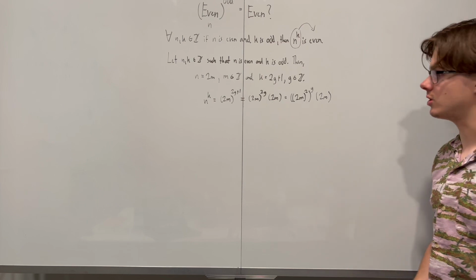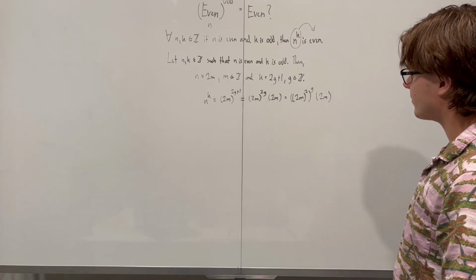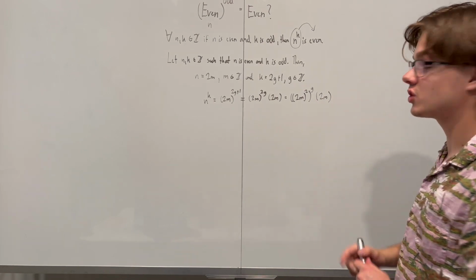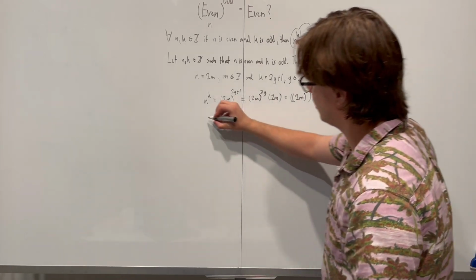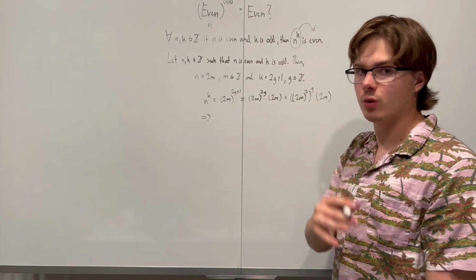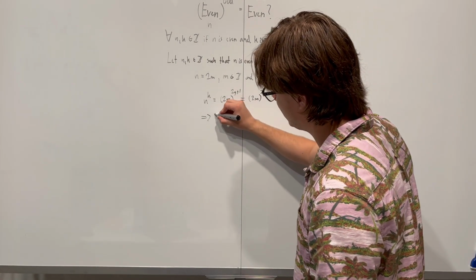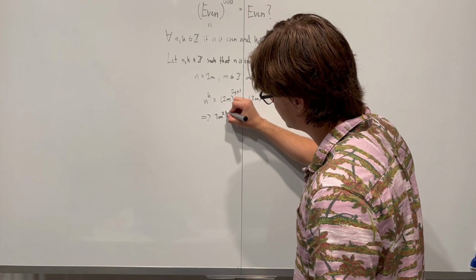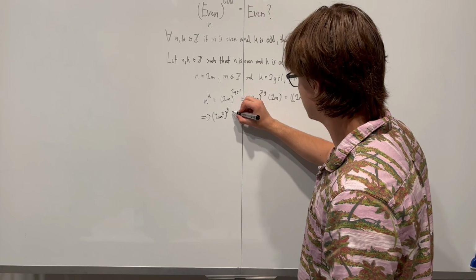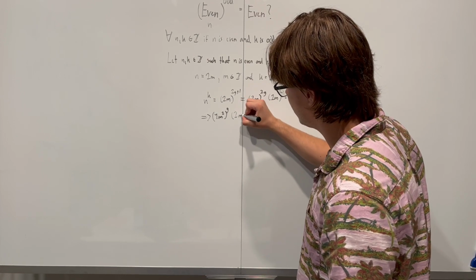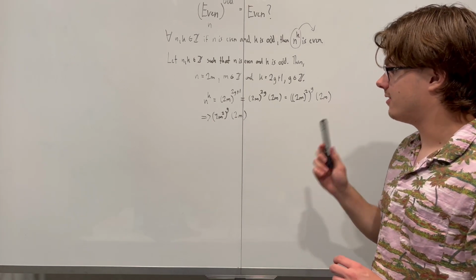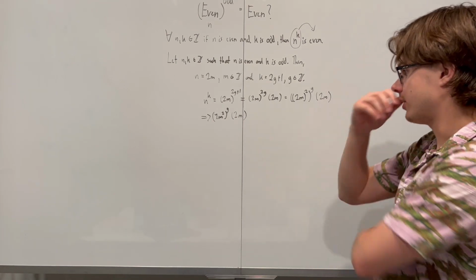It could be any integer. So instead, I'd put the number we do know up front so we can do the following step. We're going to write down (2m) squared is 4m squared. This is going to equal (4m squared) to the power of g times 2m. Okay, so this might be a little easier to argue.